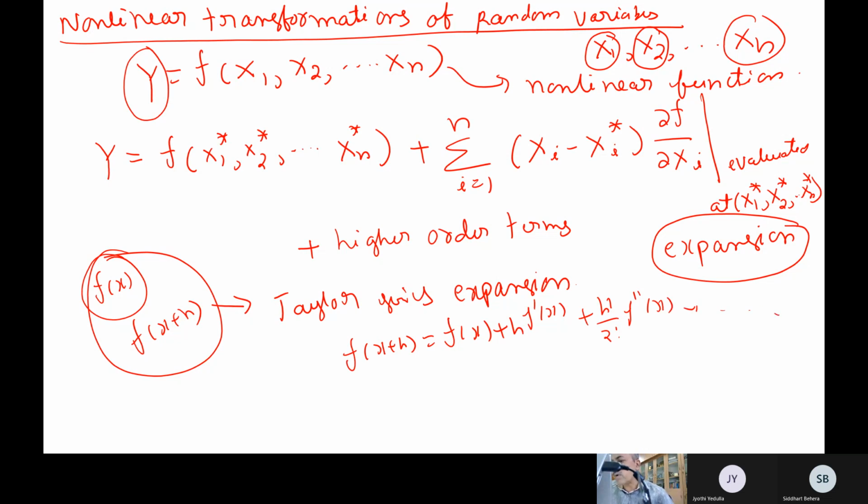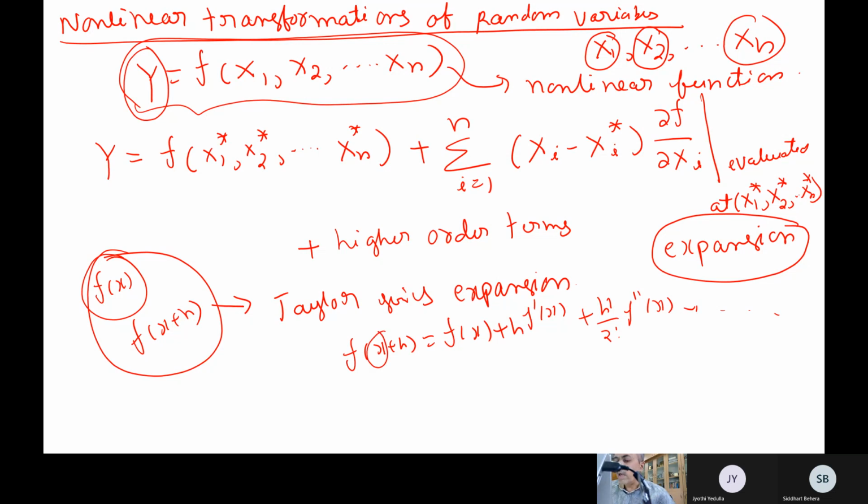Whenever you have a nonlinear function and want to calculate it, you expand in terms of a Taylor series. So whenever you have any nonlinear transformation, you can write it in terms of a Taylor series expansion. You have to do it around some value.